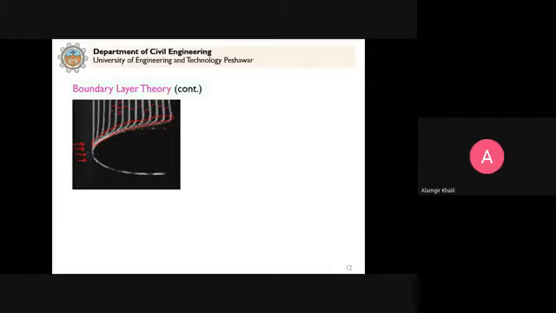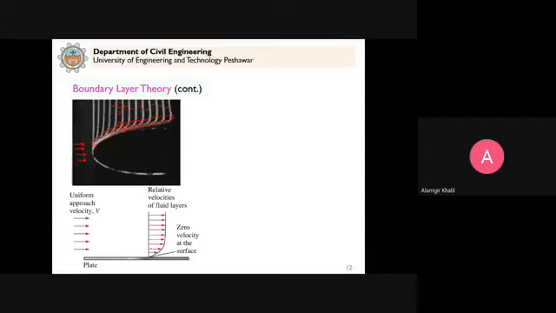But in this region near the surface of the body, you see the curve. So if I consider one curve, this is what you see here on a flat plate. Although this is a curved body, on a flat plate we can see that we have a uniform velocity approach.